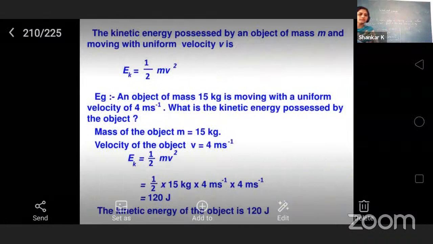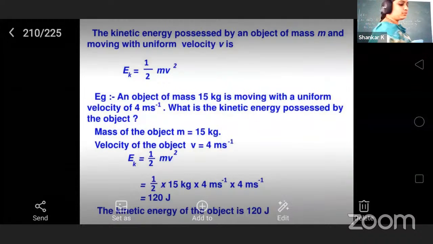Now you can see, the kinetic energy of an object of mass m moving with uniform velocity, we say KE or K, kinetic energy. So this is about kinetic energy.